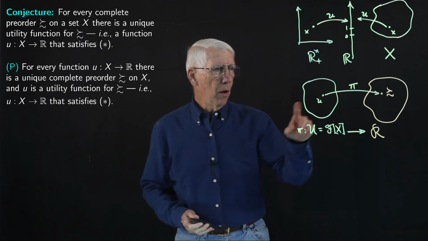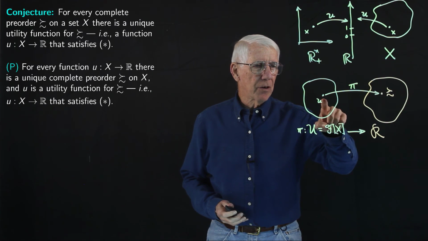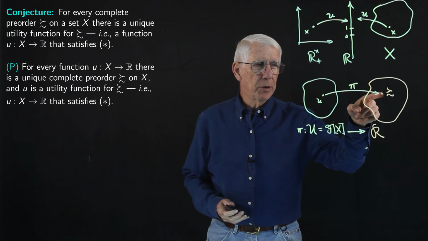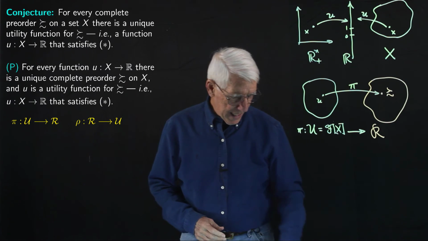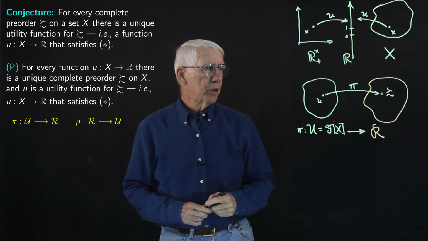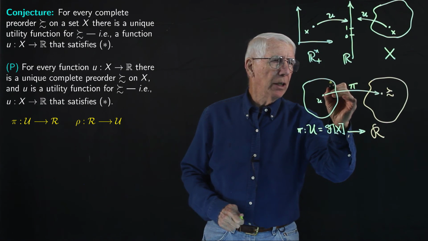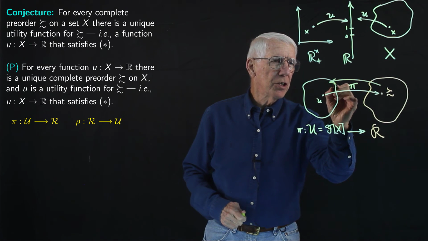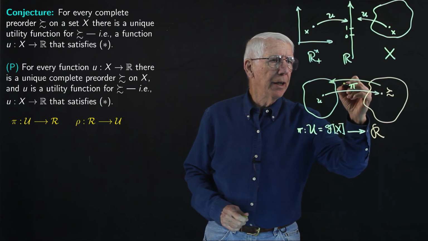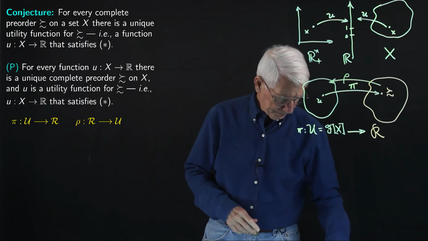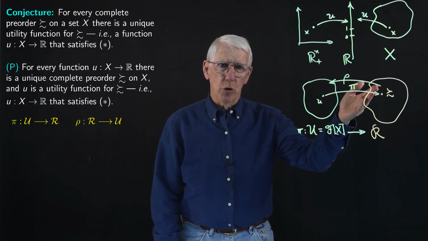Recall that I defined this function pi that takes us from a utility function to the associated preorder. Here we might say what we're trying to do is see if we can define a function that goes the other way, and I'll refer to that function as rho, because it gives us representations of preference orderings.